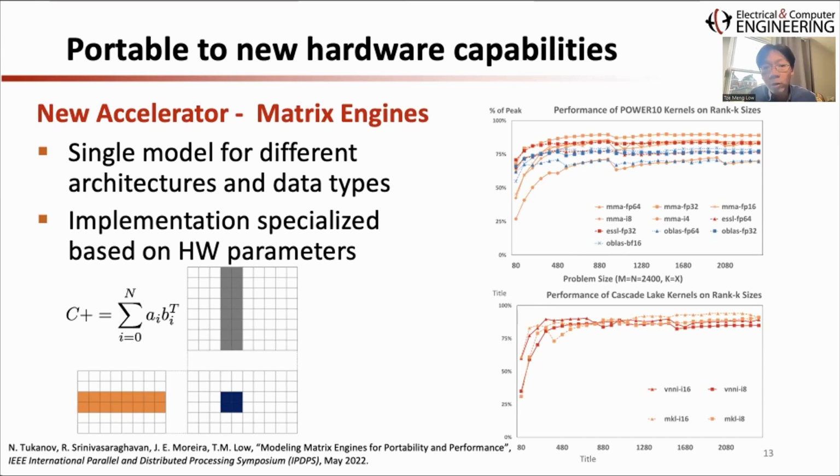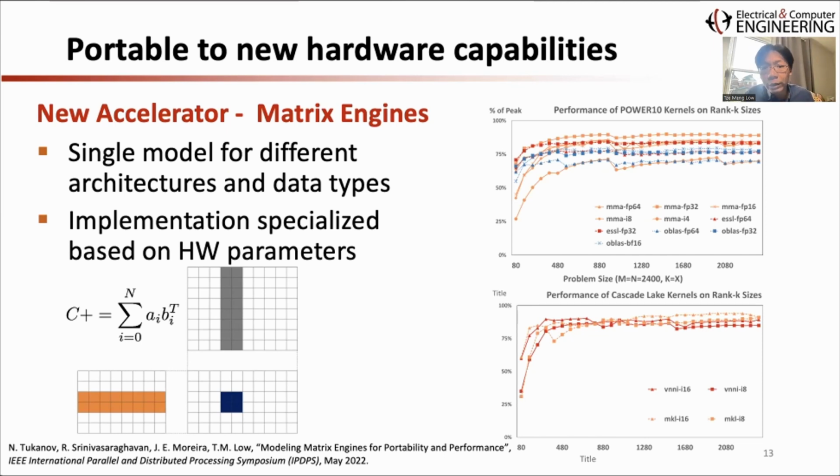We can build a single model that encompasses the range of matrix engines or matrix accelerators, and we can combine them into a single model that can handle different architectures and matrix engines. And the interesting thing about matrix engines is that each matrix engine can handle different types as well. So we can also encompass the type information into the analytical model for matrix engines, and then we just specialize them as and when we get to an actual architecture.